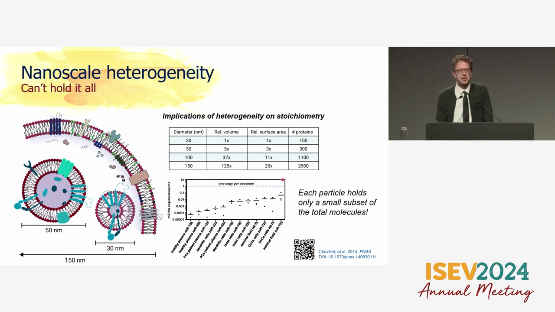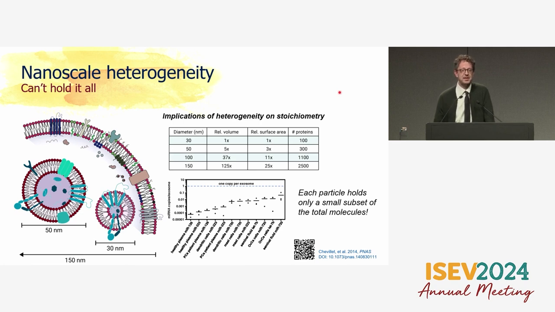So the situation is probably much worse than this, or better if you're a fan of EV heterogeneity. And you can see that even for the most abundant microRNAs, there is not enough to fit in every single copy. So of course, these things are highly heterogeneous, and each vesicle only carries a very tiny subset of each individual molecule that you're looking at.